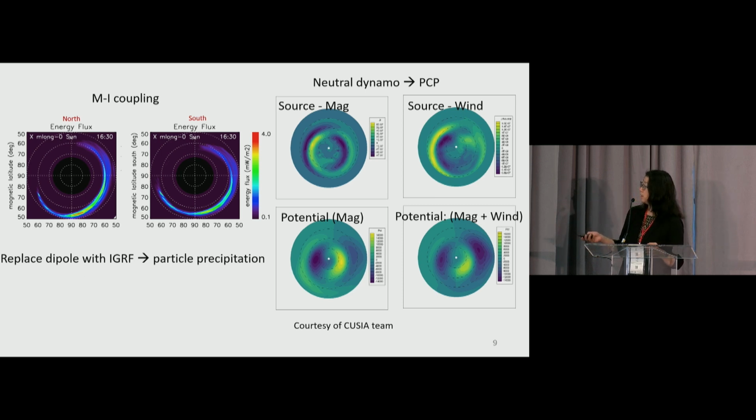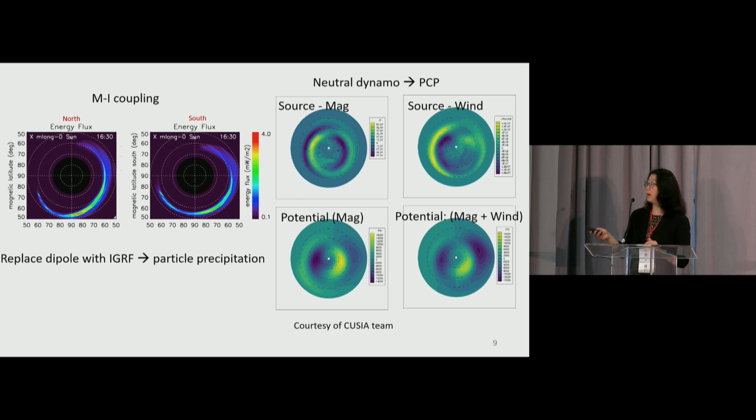First is the magnetic field configuration impact on particle precipitation. This work was done by Mei-Ching Fok at NASA Goddard. She replaced the perfect dipole magnetic field with the IGRF, then looked at the particle precipitation in both hemispheres. A clear asymmetry can be identified now.